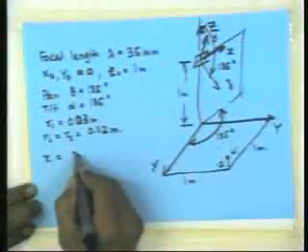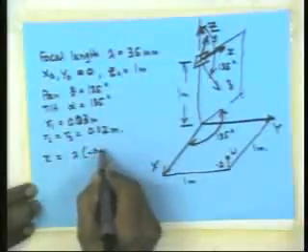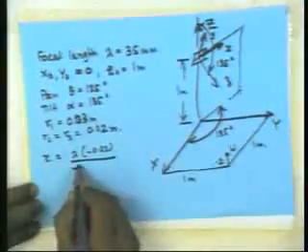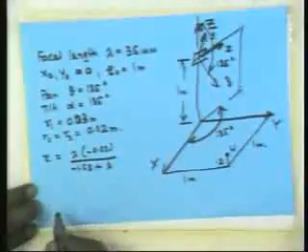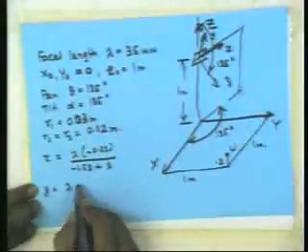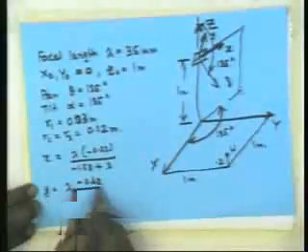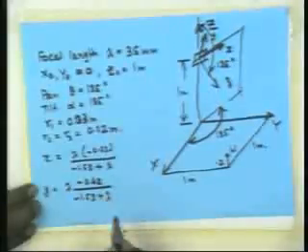So one can reduce this to lambda times minus 0.03 divided by minus 1.53 plus lambda. Okay, and y is likewise given as minus 0.42 divided by minus 1.53 plus lambda.